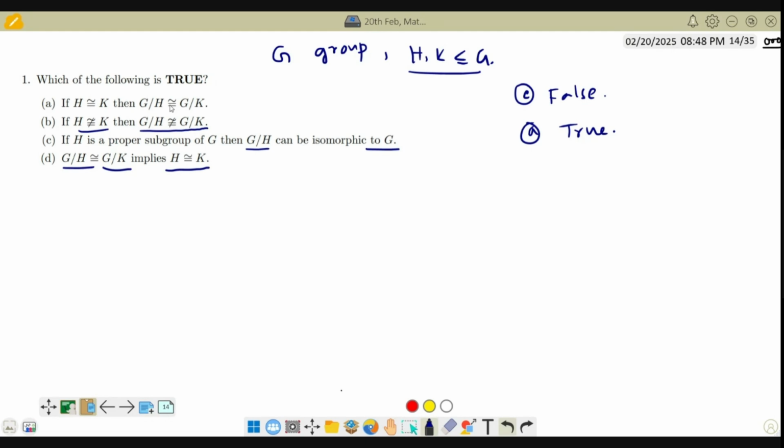Sir, in C you have said can be isomorphic, so is it like may be isomorphic or may not be? Yes, can be means it may happen that G mod H is not isomorphic to G. It may happen in some particular G and H, but not in general.